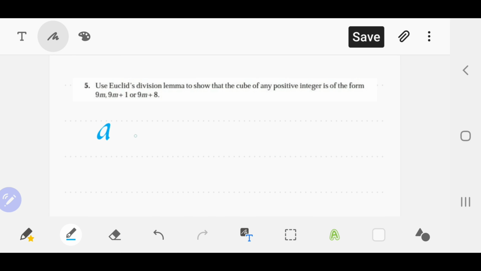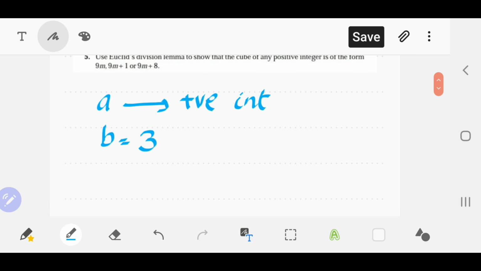Here let us take a is any positive integer, and we can take b as 3, because we have to find the cube of the number and 3 cubed gives 9.